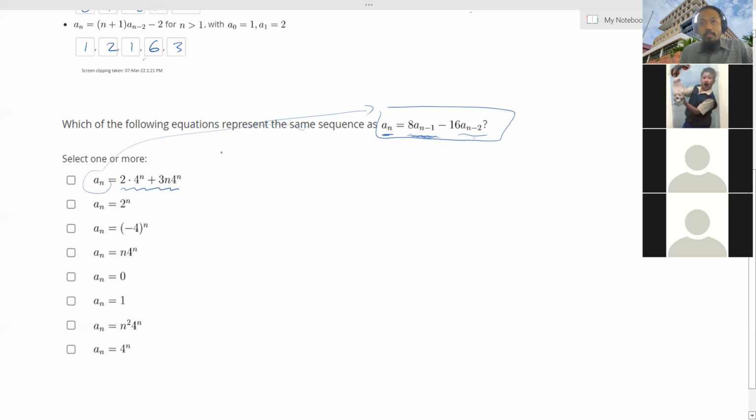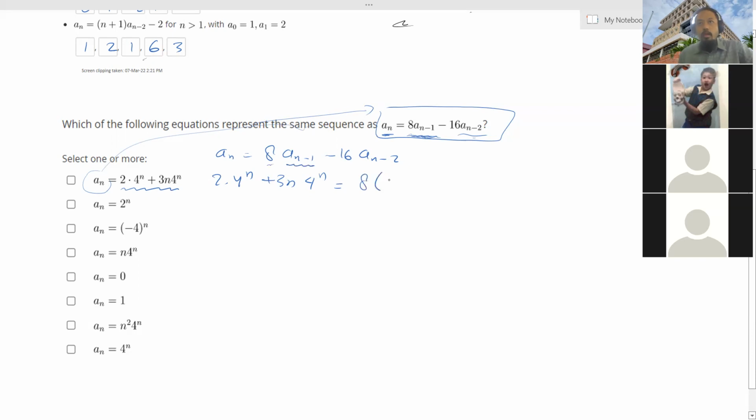So what is the left hand side? Left hand side is an. So we have an is equal to 8 an minus 1 minus 16 an minus 2, right? The left hand side is (2 plus 3n) times 4 to the power of n. Is equal to, well, what about this one? Let's substitute the n minus 1 term.